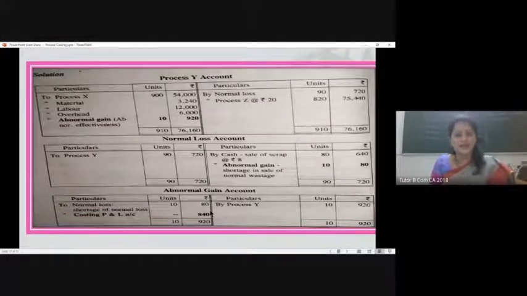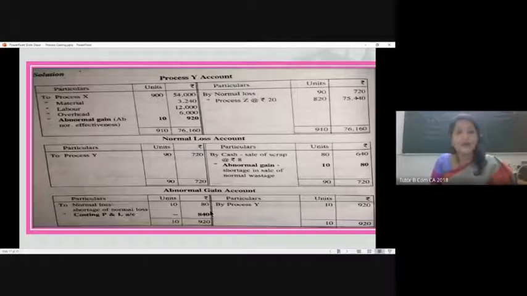In this case, they expect a particular percentage of loss of material in the production process, maybe because of the particular nature of that raw material, or maybe because of the nature of the production process. They expect that. That expected amount is what we call normal loss.